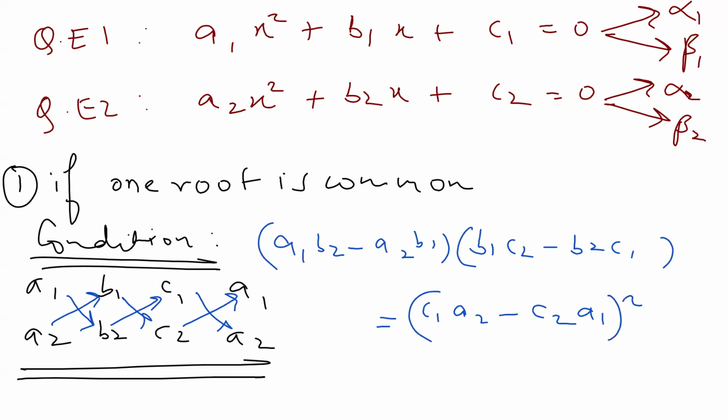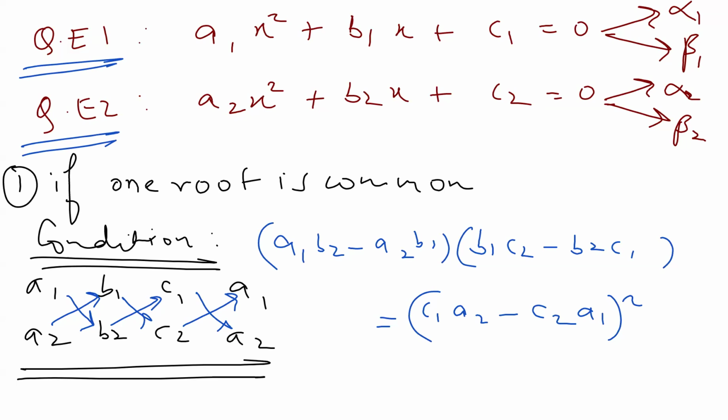Right hand side there will be square. So you should remember this if one root is common. So for quadratic equation number 1 and quadratic equation number 2, there will be one root which is common. Both won't be common, for this case.